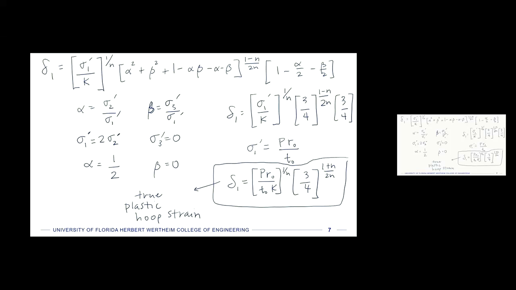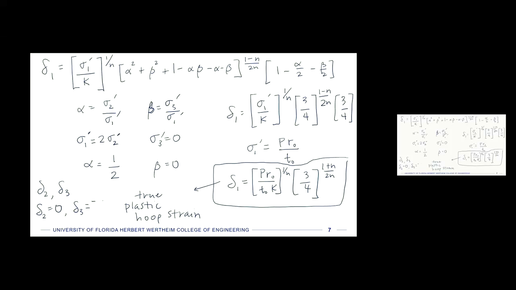There are similar expressions for delta 2 and delta 3. And I'm not actually going to write all of the expressions down for that. Those are listed in the textbook, and I'm just going to write down what they are here. So delta 2 is going to be equal to 0, and delta 3 is going to equal the opposite of delta 1.